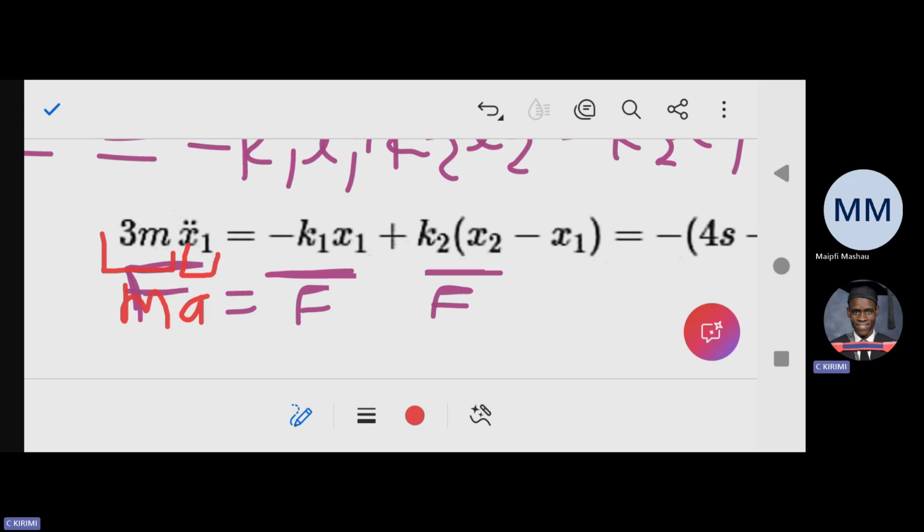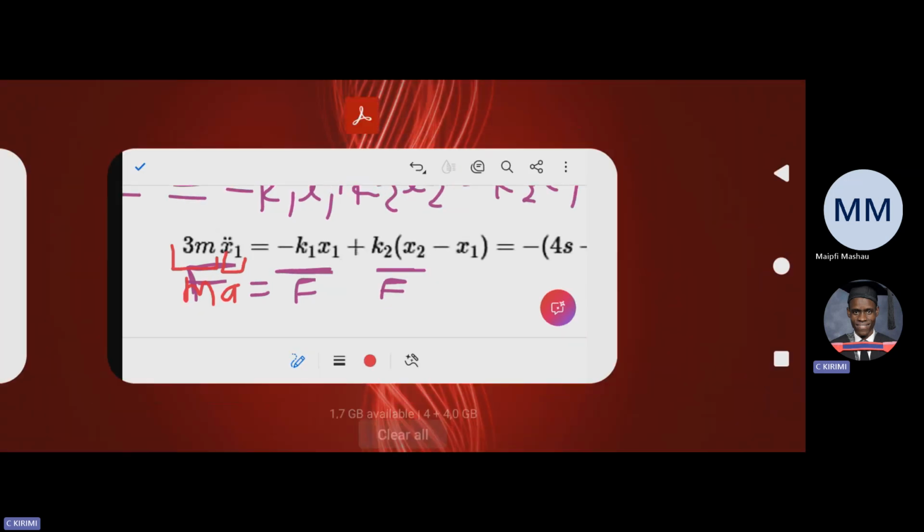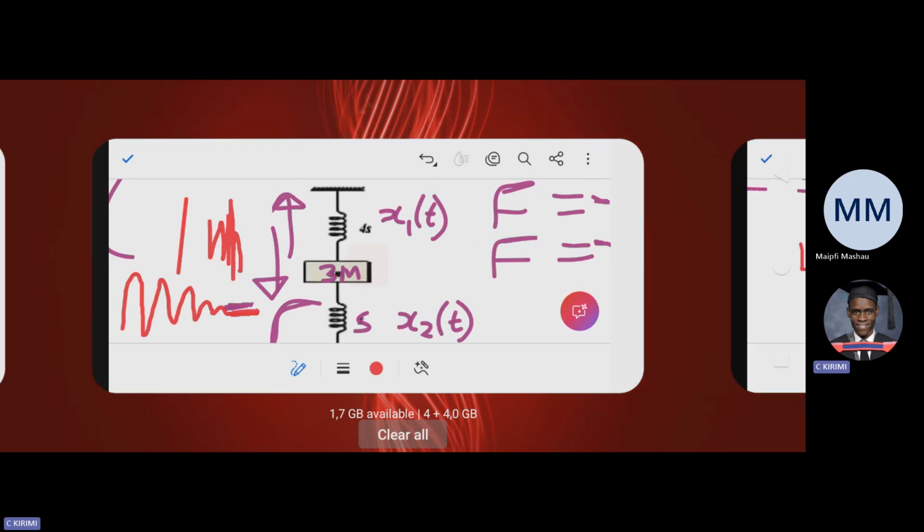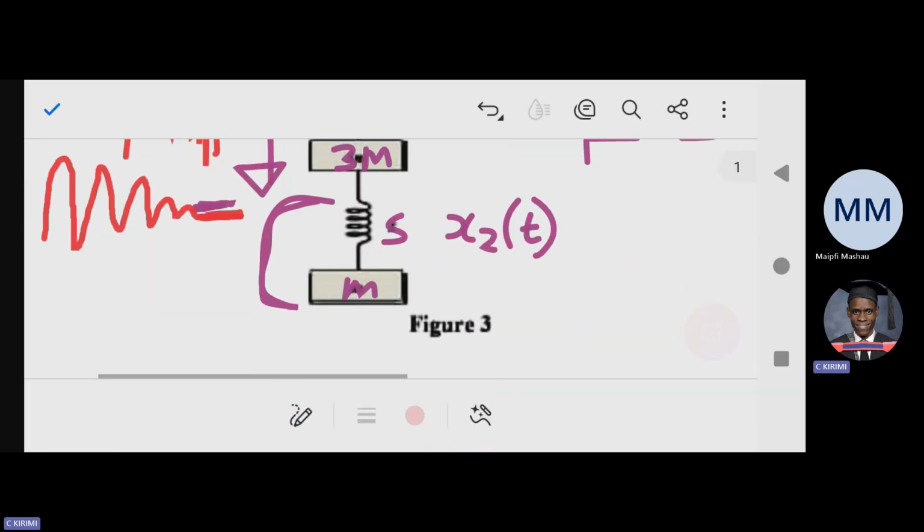But why is it a negative? It's a negative because it's the restoring force. But because there is a block that is attached again, a block which is attached to that spring, the force that is going downwards, resisting the motion of going up, is in the second spring.